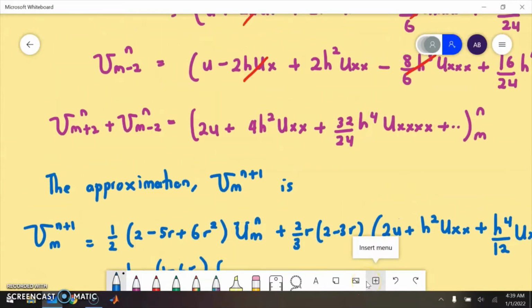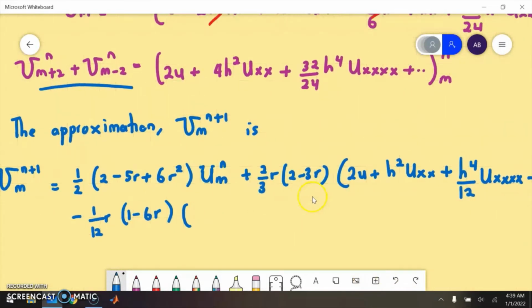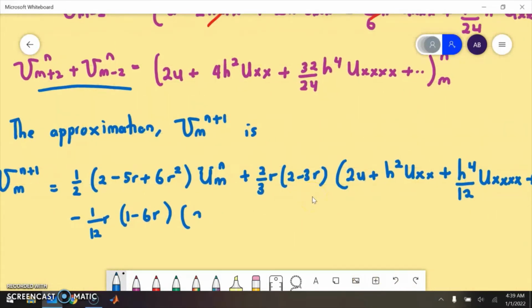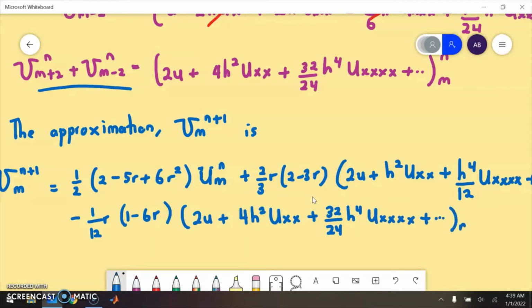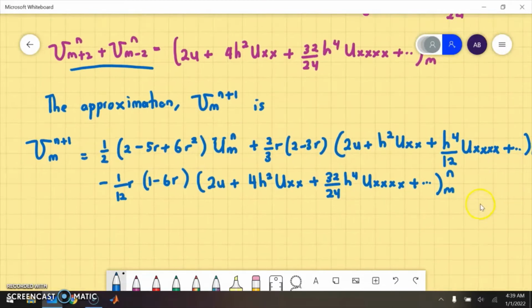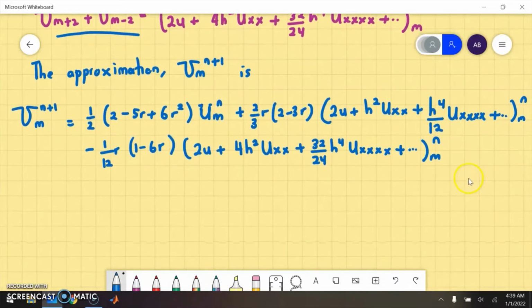This one, which is 2u plus 4h squared u_xx plus 32 over 24 h to the power of 4 u_xxxx and so on. Okay, so this is what we got, the approximation.